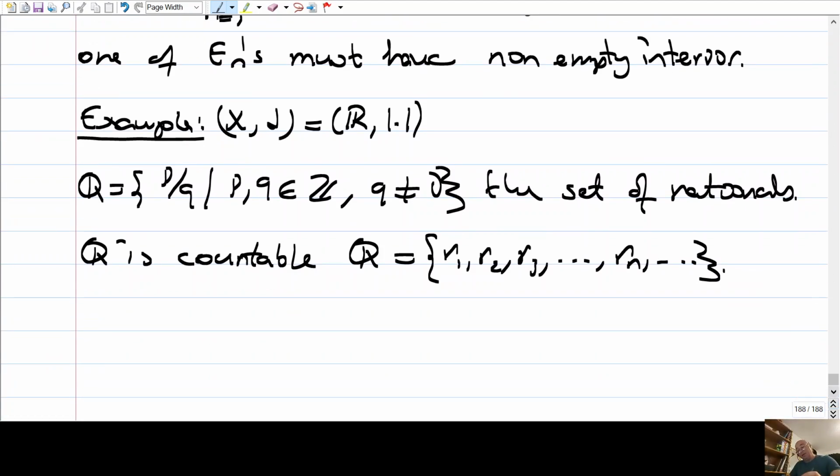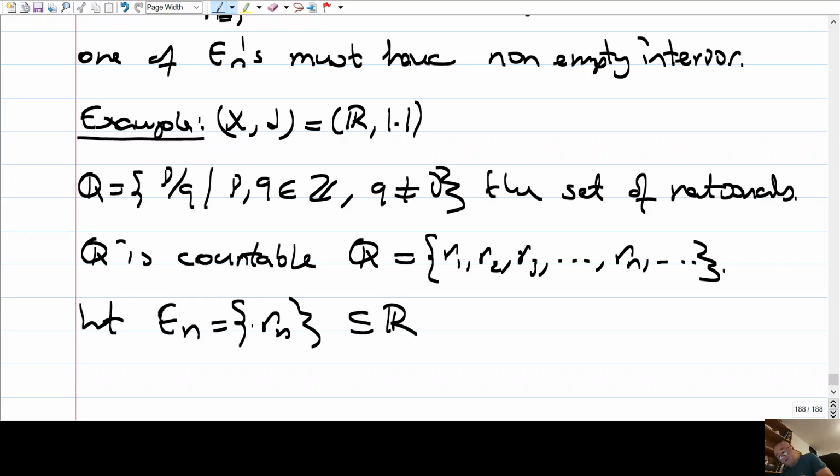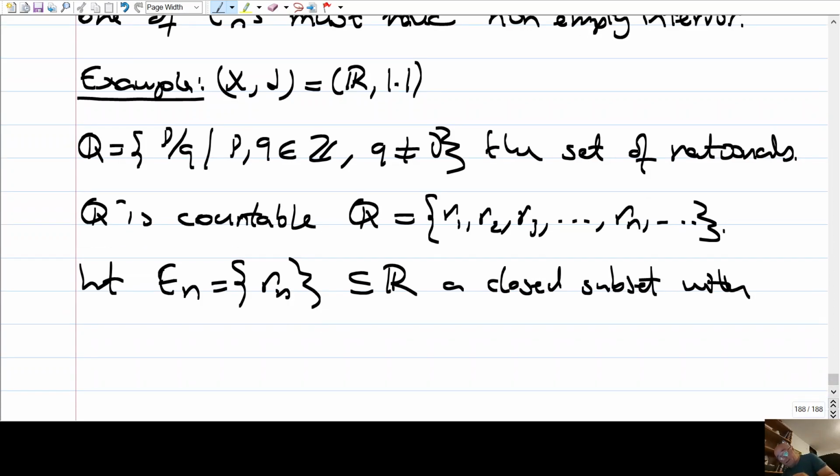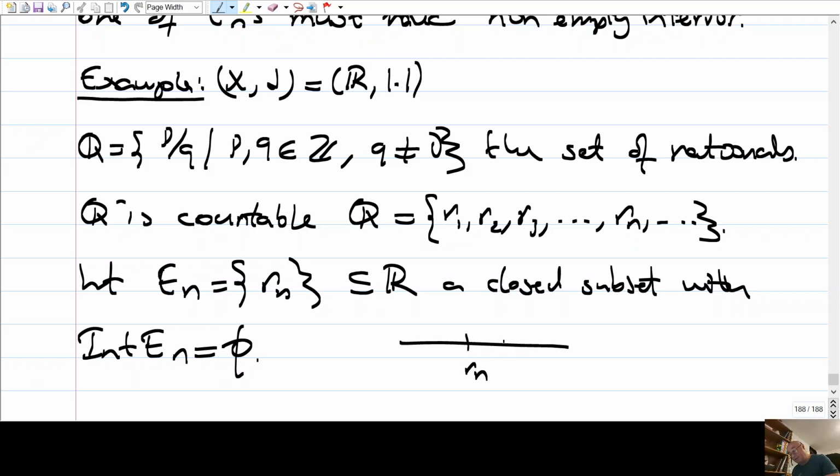And you see, let E_n be this singleton as a subset of R. This is a closed subset. What is the interior of E_n? It is of course empty because a singleton has no interior, right? It doesn't contain any ball. Therefore, it has empty interior.